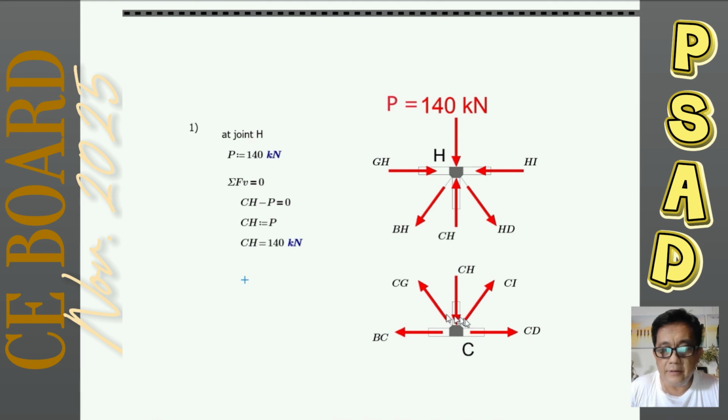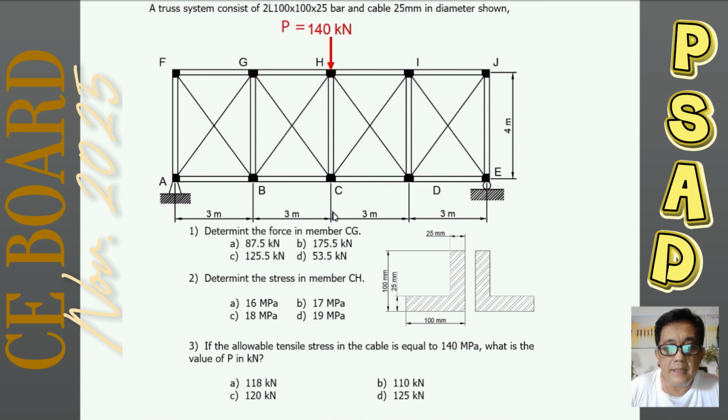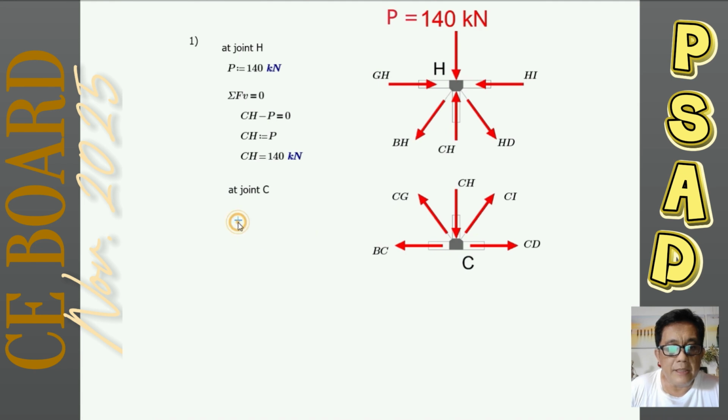Then we go down at joint C. By the way, the slope for CG is 3 horizontal, 4 vertical, or a 3-4-5 triangle. So if I sum up forces vertical equals 0, that will be vertical components of CG and CI minus CH. Vertical component of CG for a 3-4-5 triangle is 4/5 CG plus 4/5 of CI minus CH equals 0.